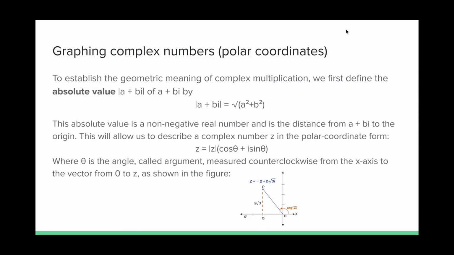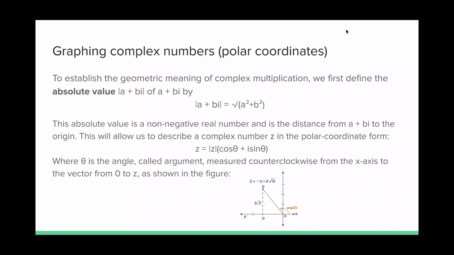This will allow us to describe the complex number, whichever one we have, in polar coordinate form. So z is equal to the absolute value of the complex number times cos of the angle plus i times sine of the angle, where the angle, called the argument, is the measurement counterclockwise from the x-axis to the vector.